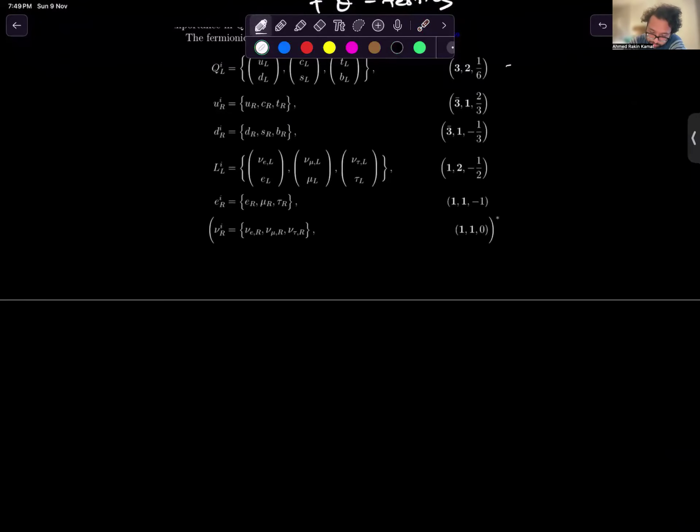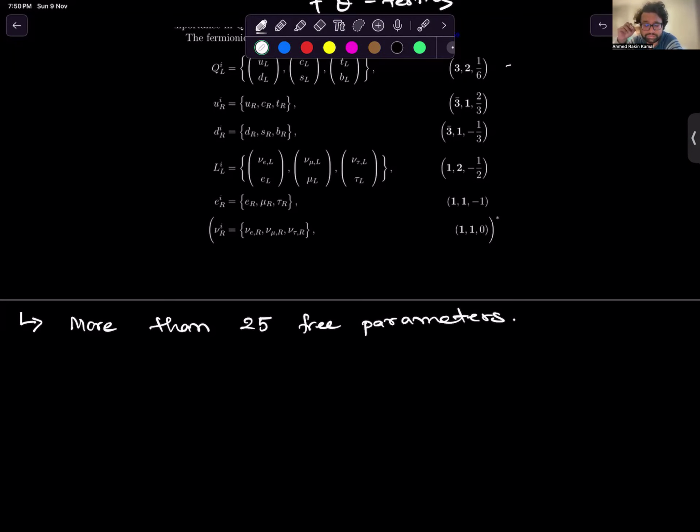So about the standard model, as we see it, there are more than 25 free parameters. And what are those parameters? Starting from the value of the minima of the Higgs, to masses of all of these particles, then Yukawa couplings, that is the couplings between fermions and bosons.